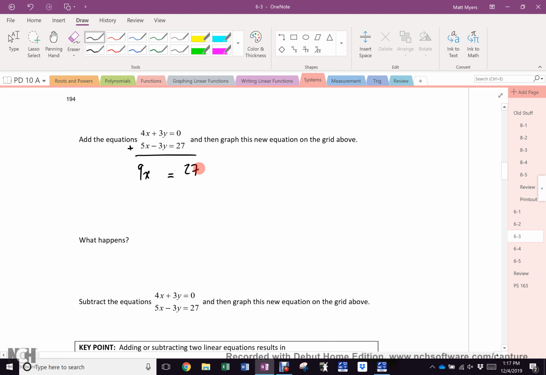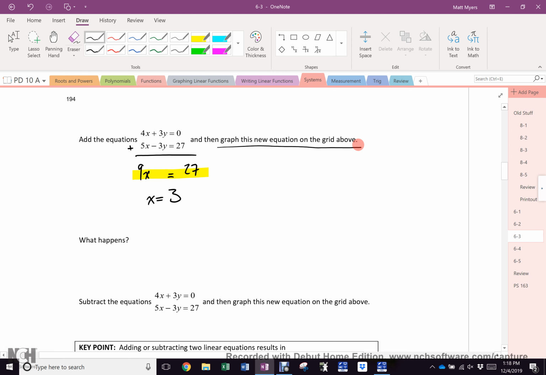Now, what would you do, algebraically speaking, with that? You would divide by 9 in order to isolate x, yes? Let us do so. What does x equal? 3. Now I have asked you to graph that on the grid above. I do not care if you turn back a page.